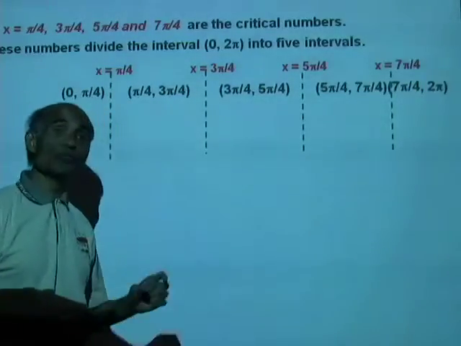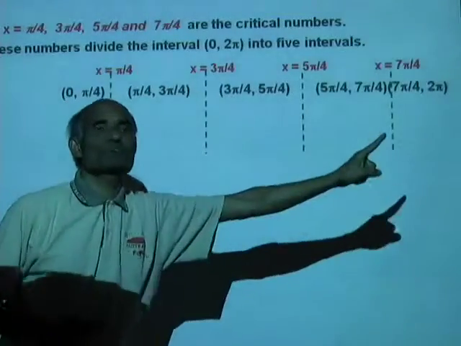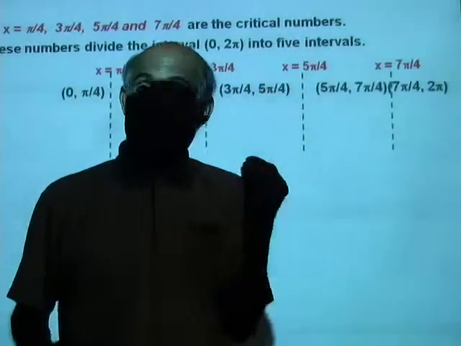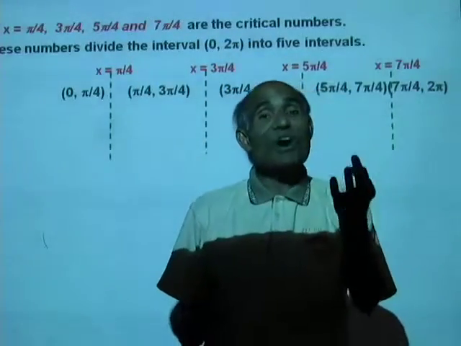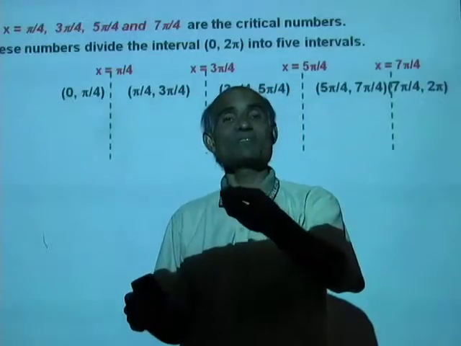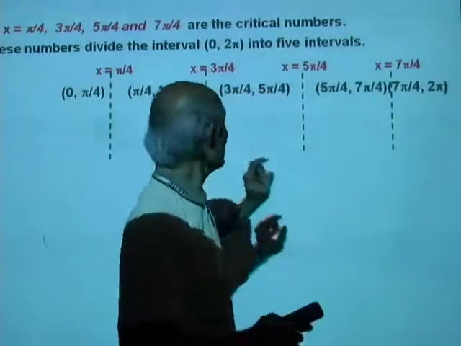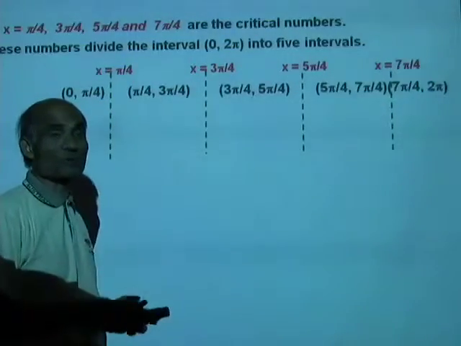And now we need to take a test number on each of these intervals. Because what's our aim? Our aim is to find the sign of the derivative. Is the derivative positive or negative? And in order to do that, we take a test number on each of these intervals.